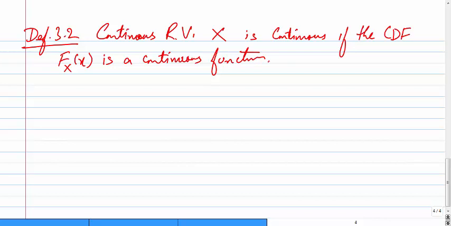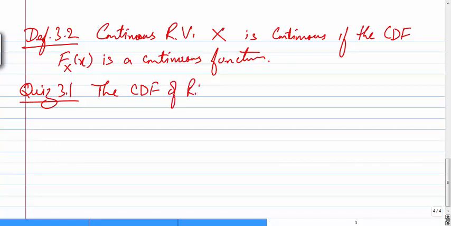Okay, now let's do a quiz here, quiz 3.1. The quiz says that the CDF of a random variable Y is given to us as F_Y(y) equal to 0, y by 4, and 1.